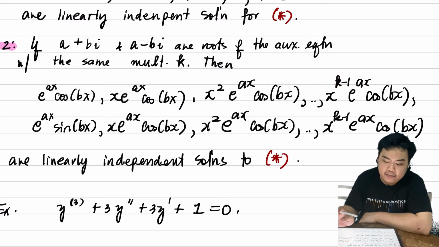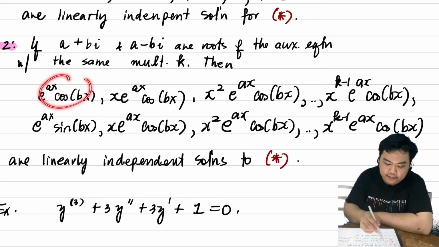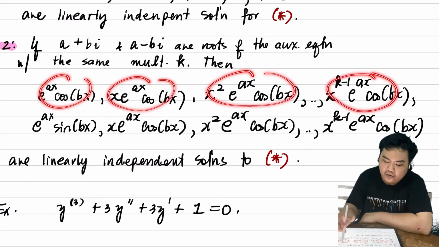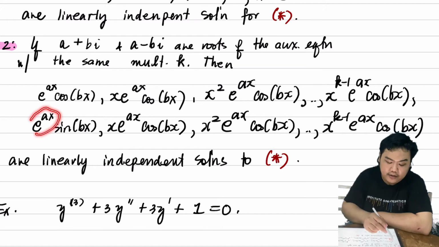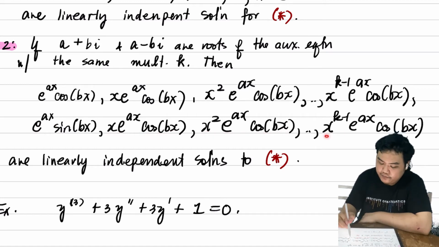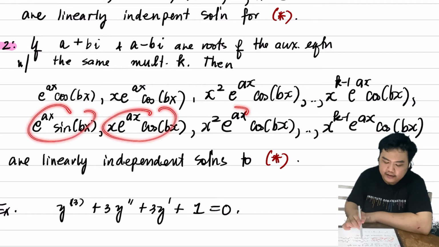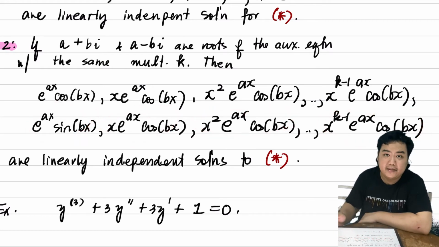So, paano mo malalaman kung magsa-stop ka na? Kailangan pag binilang mo to, k lahat sila. And then you do the same thing with sine. So, e raised to ax sine bx, you multiply by x, you multiply it again by x. Okay, hanggang umabot ka dito. And then you stop kapag k na silang lahat.